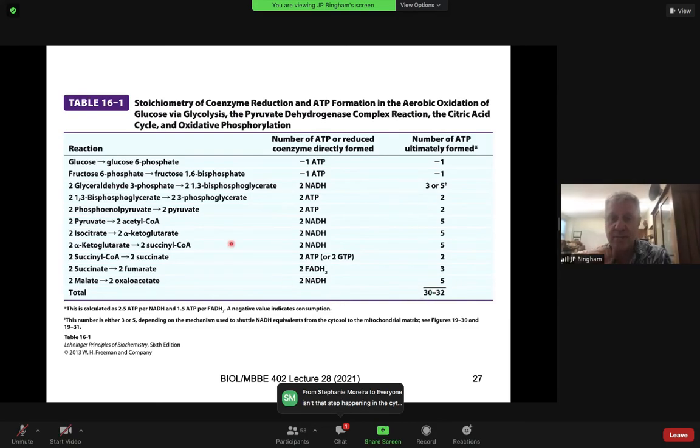So again, keep this in mind in regards to the individual steps, because we've actually studied every single one of these steps in regards to glycolysis and now the TCA cycle. But again, note this. We are taking a 6-carbon constituent in the form of glucose, and we're bringing it through to 2 molecules of pyruvate. Those 2 molecules of pyruvate will produce 2 molecules of acetyl-CoA. So then it has to be matched with 2 moieties of oxaloacetate to fully consume the 2 moieties of acetyl-CoA coming from that glucose.